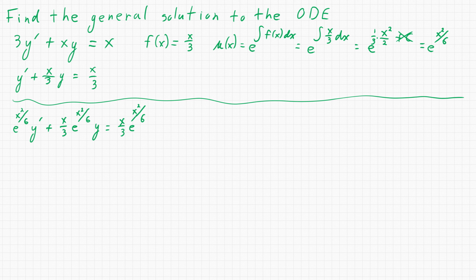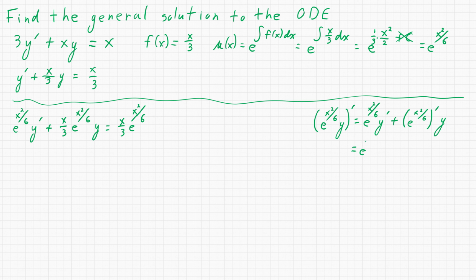All right, so just double checking. You might have some faith by now, but I'm going to double check. So I have e to the x squared over 6 times y prime. Well, that's going to be the derivative of the first, so e to the x squared over 6 times y prime plus e to the x squared over 6 prime times y.